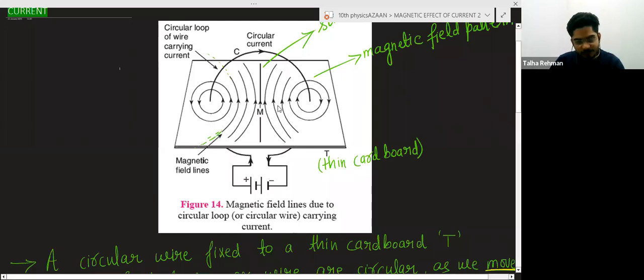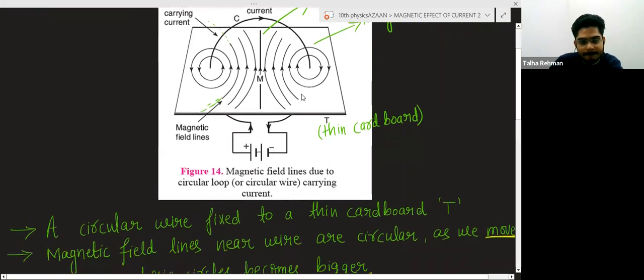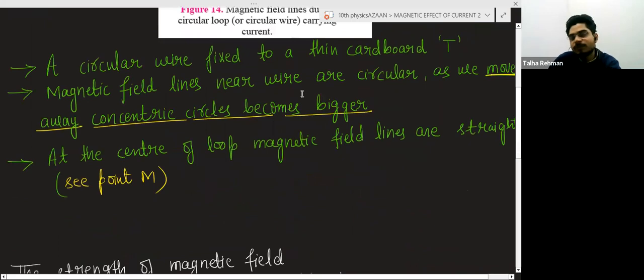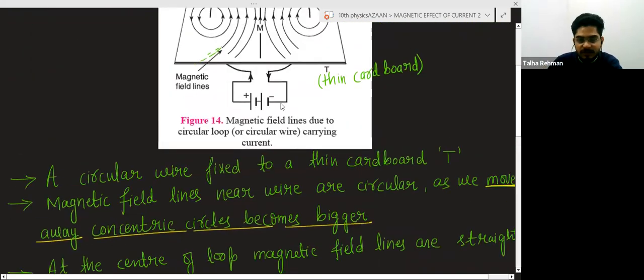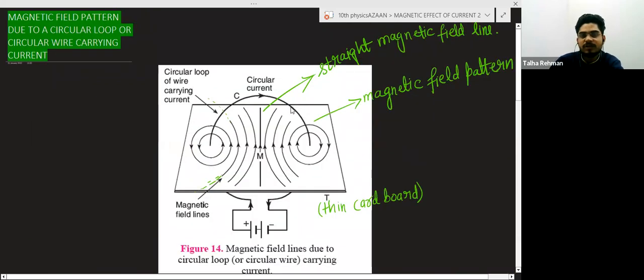If you increase the number of turns, what will happen? The length of the wire will increase, obviously, and the amount of current will increase with respect to the turns. Suppose you have increased the number of turns of this wire to 3.